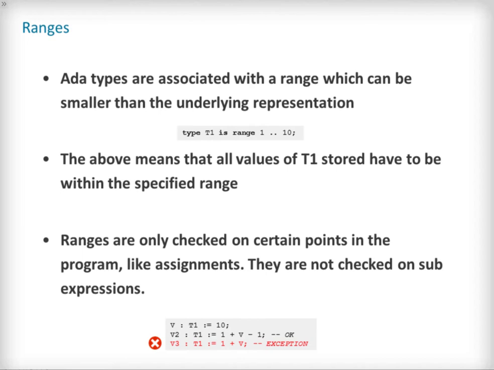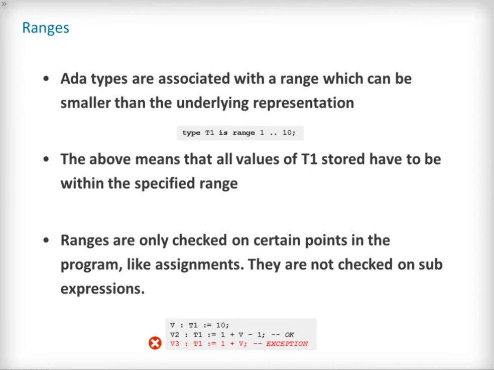CPU registers and memory are still the underlying representation of all Ada types, yet they know very little about the context of their binary content. In fact, it is most likely that the Ada types within your programs will be associated with a range that is much smaller than the range of your machine's underlying representation.